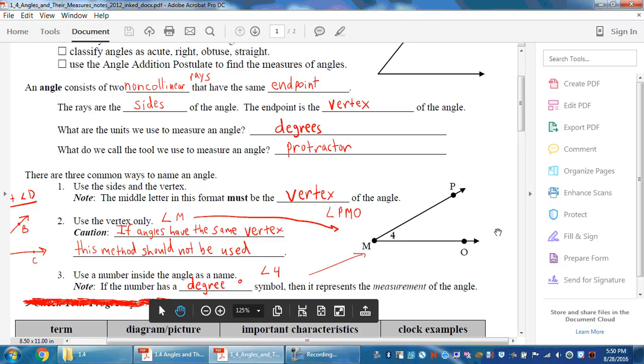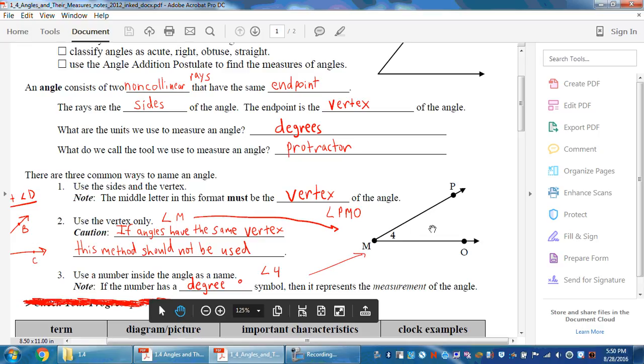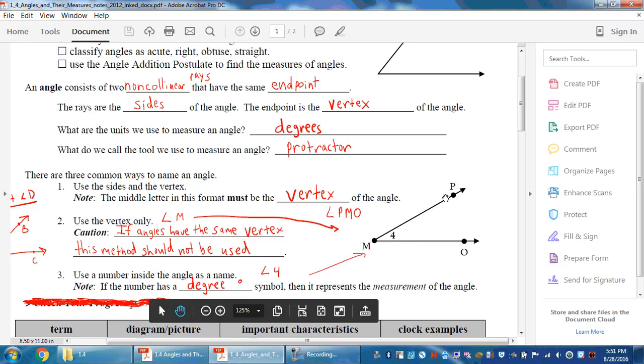Same thing. Sometimes we just use the vertex to name the angle. So this angle sitting here by itself, we might just call it angle M just to abbreviate it. If you called this angle M, that would be fine.